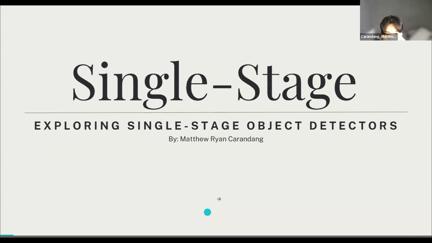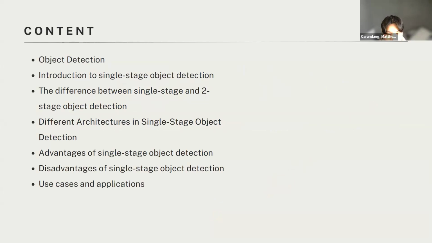Okay, so thank you, Sir Aaron, for that wonderful introduction. So once again, I'm Matthew Ryan Karandang, and I will be presenting my lecture titled Single Stage, exploring single stage object detection. Here is a quick roadmap for the lecture for today. We'll start with the foundational definition of object detection.